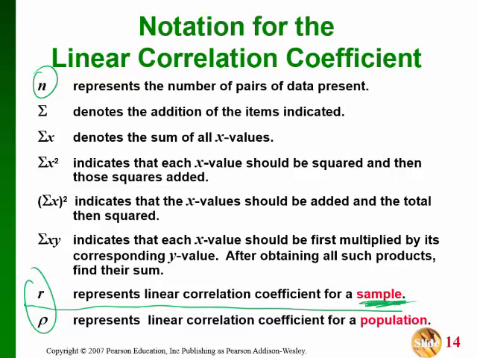Now, this other one is not P. This is not the letter P. For most of our population parameters, we've been using Greek letters to represent our mean or standard deviation. And so this is a Greek letter R called rho. If you were to write capital R, you would see our regular R that we use in our language, but if you use a lowercase r, it would be like this.